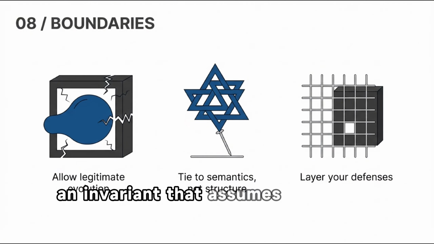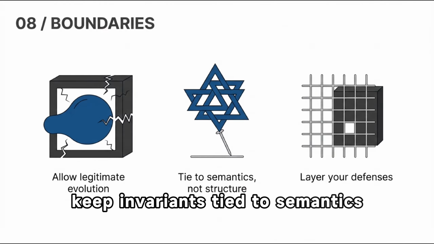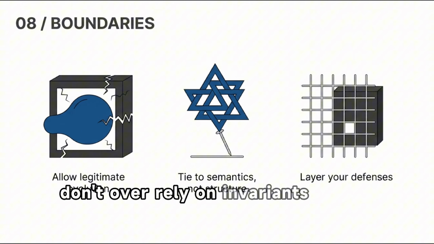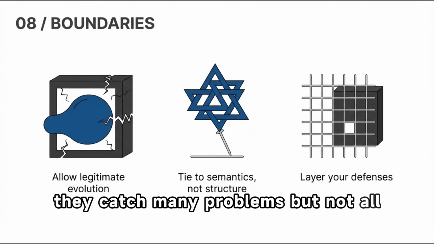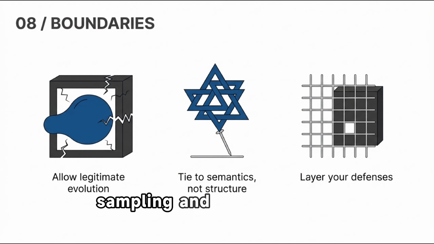An invariant that assumes a specific column order or a particular encoding will break when engineering-level changes occur. Keep invariants tied to semantics, not incidental structure. Third, don't over-rely on invariants as the only safety net. They catch many problems but not all. Combine invariants with lineage, schema versioning, sampling, and human review.